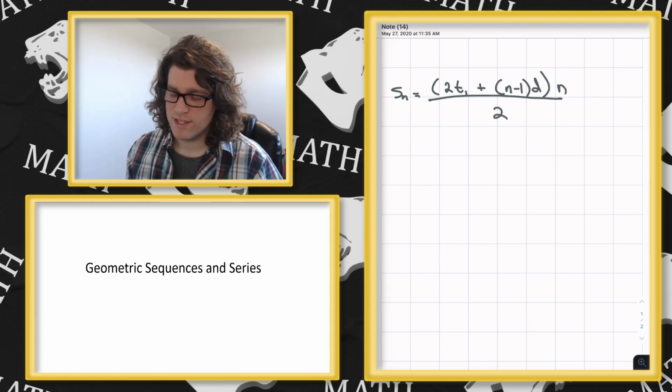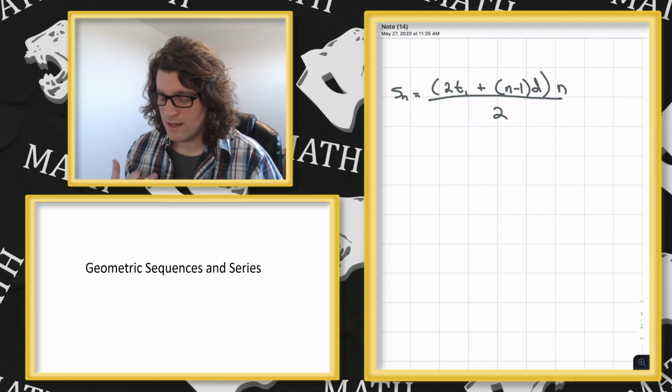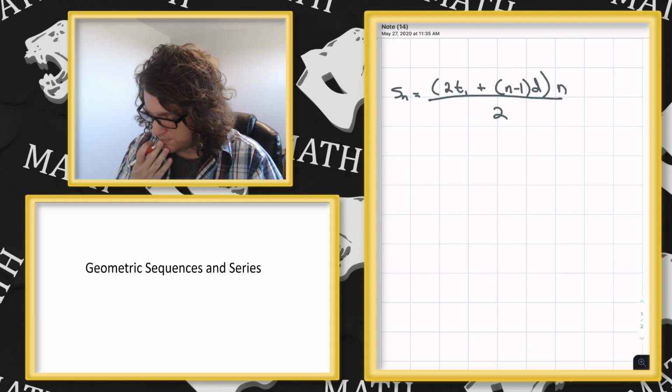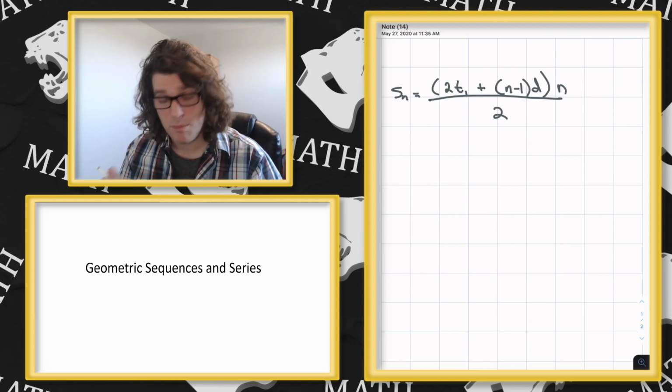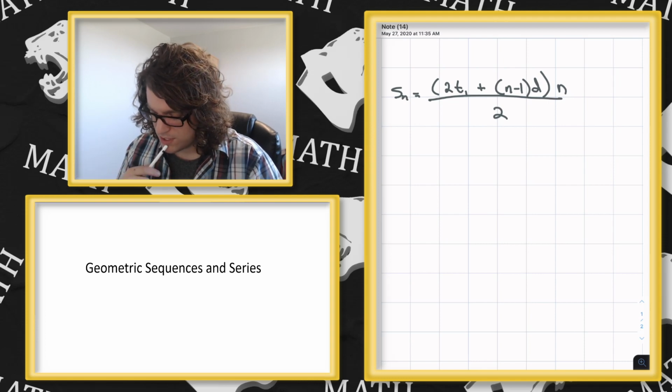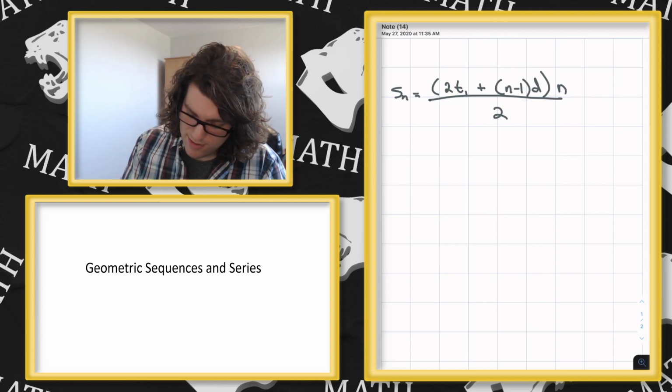It is the series, or the partial series sum, meaning it ends at some value n. Now for this particular one, I could write that a little bit nicer, because that's the same as t1 plus t1 plus n minus 1 times d.